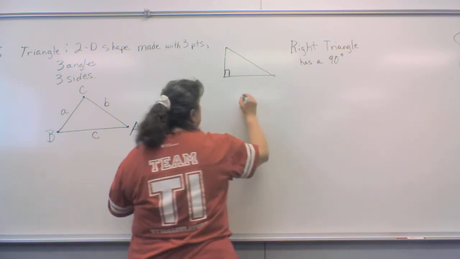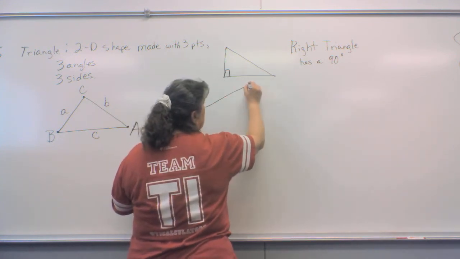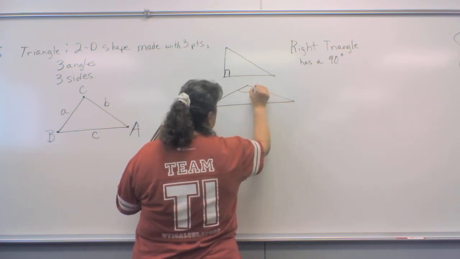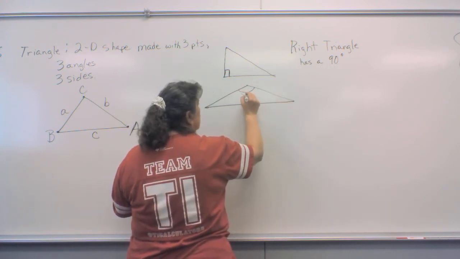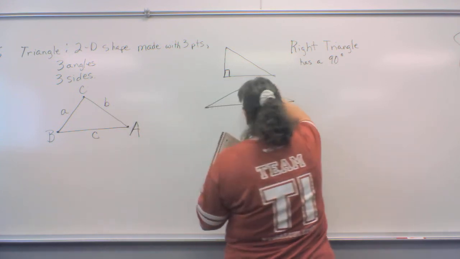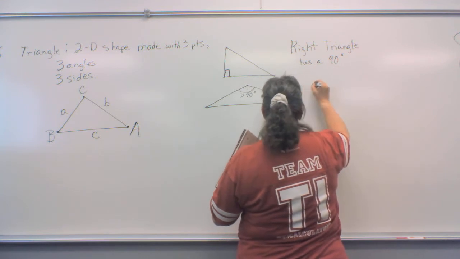Another triangle has an angle which is larger than 90 degrees, which is this one right here. It's greater than 90 degrees, and this kind of an angle is an obtuse angle.